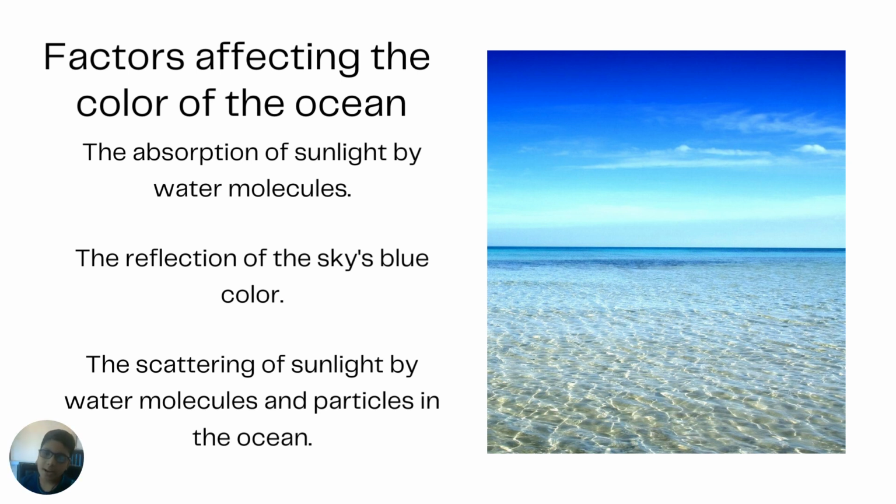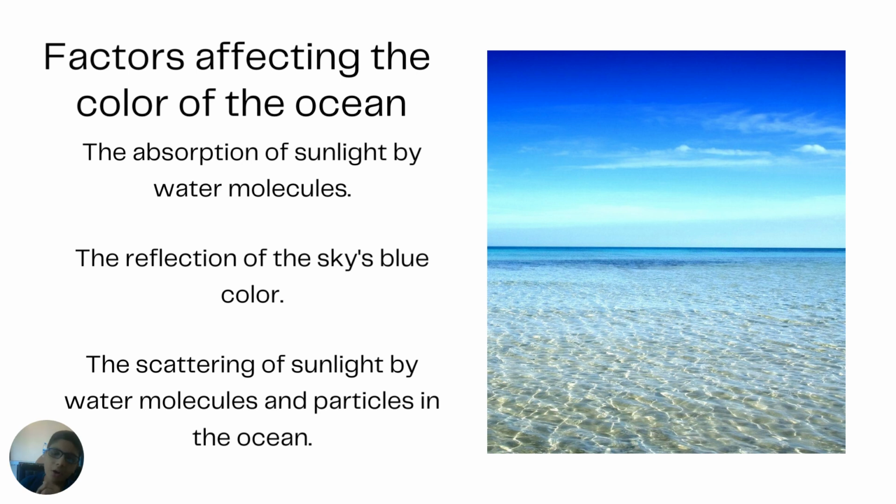What is the reason for that? It is because far, far out over there, too many water molecules are there. And due to that, the water molecules scatter out the blue color much more than here, at the nearest point. Understood?